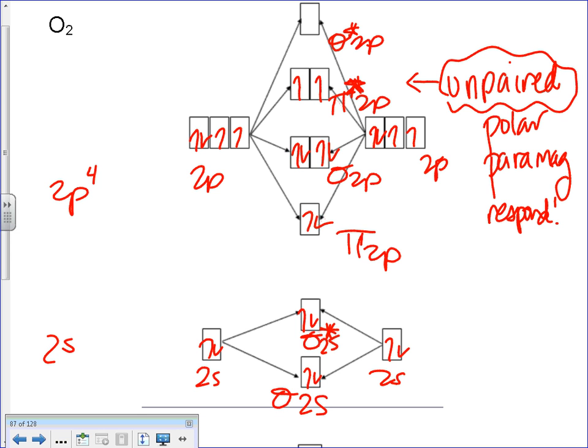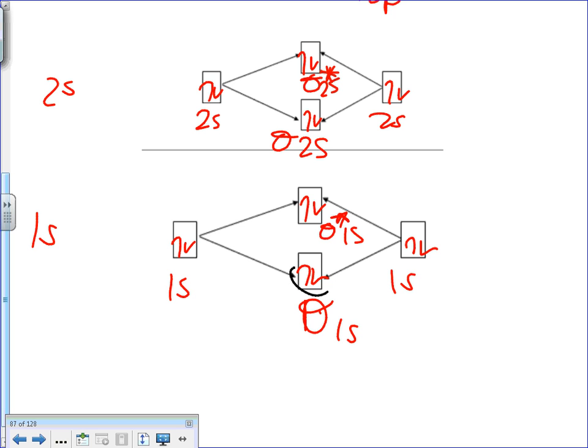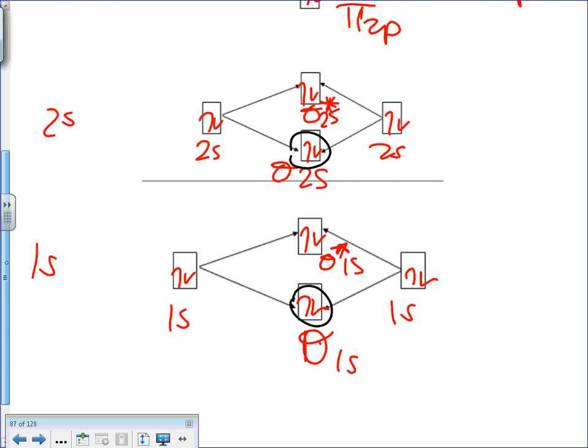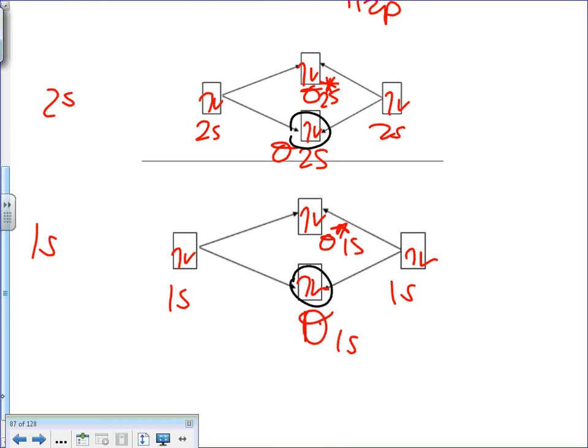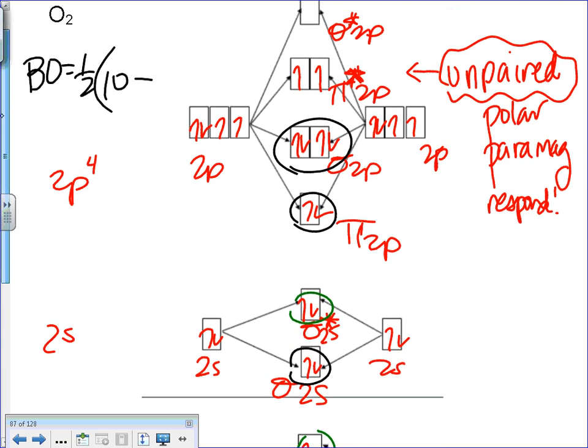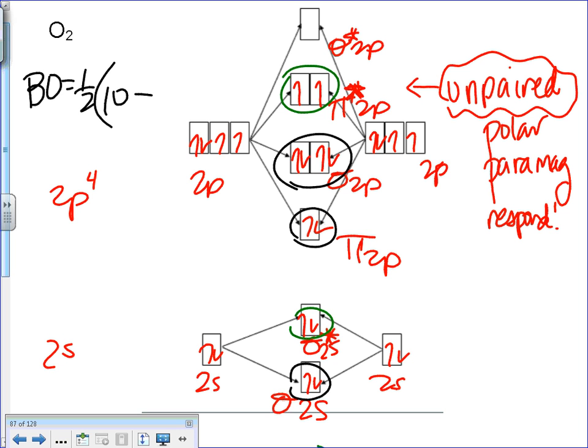Okay, now we're done with that fun fact. Let's do the bond order. Bond order for oxygen is 1/2 of the 10 bonding, so 2, 4, 6, 8, 10, 10 bonding, minus the antibonding of 2, 4, 6, because there's only 2 there.